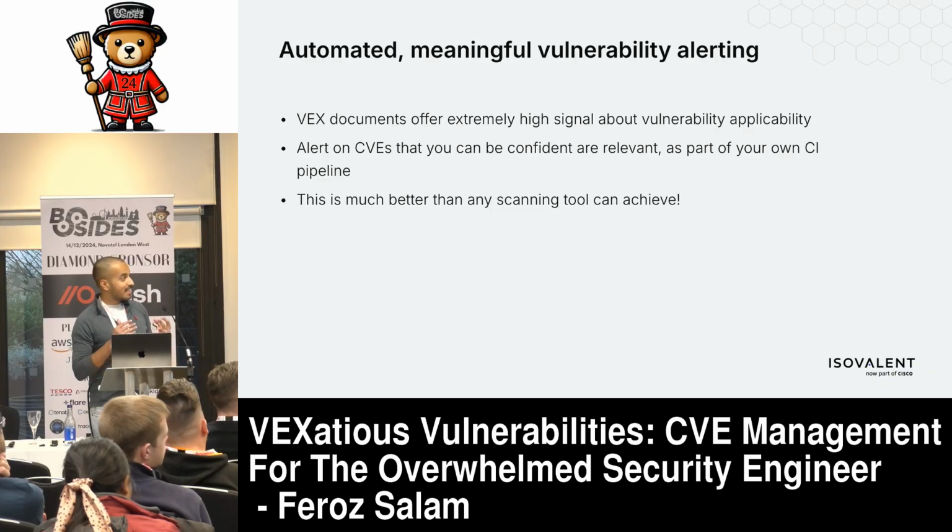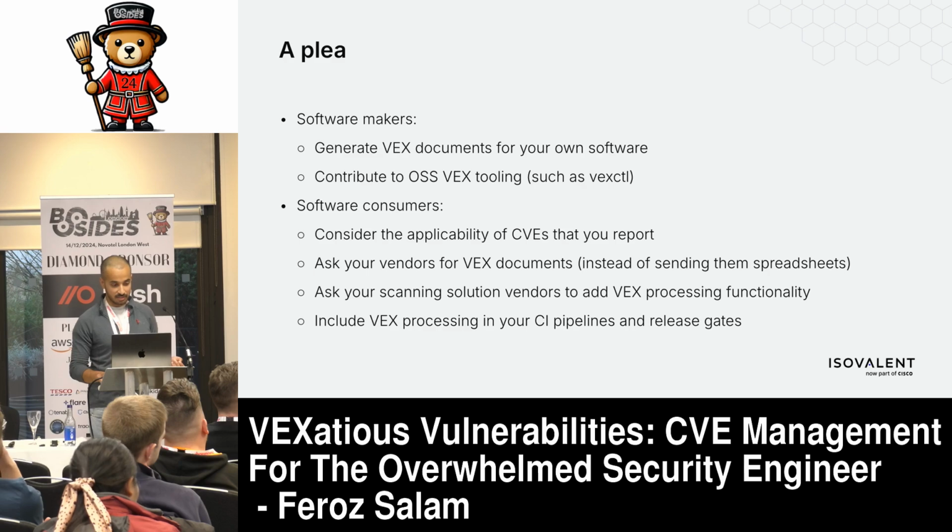More than any container scanner, this is a really high signal that we have looked at this and we think it is affected and you need to do something about it. So I think building that into your release pipeline could give you really good contextual information that you probably won't get anywhere else.